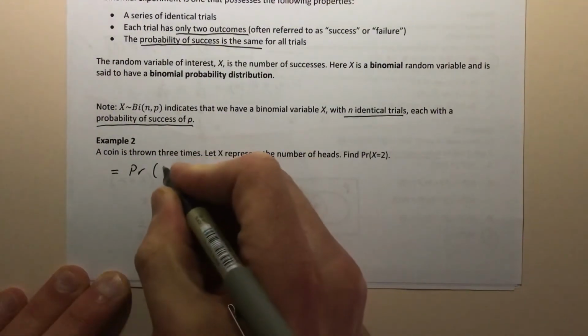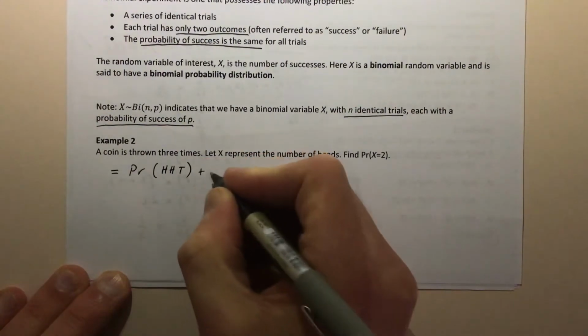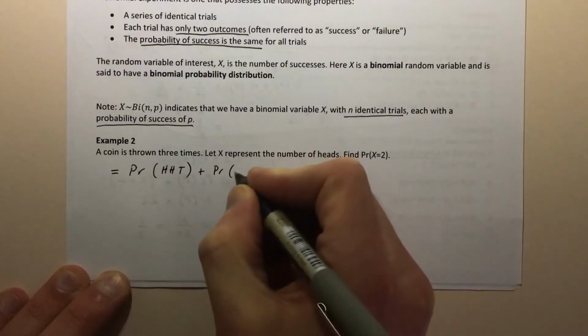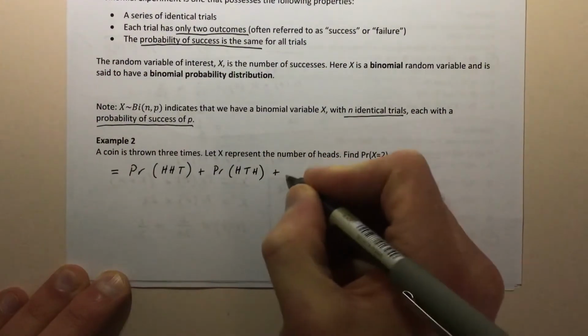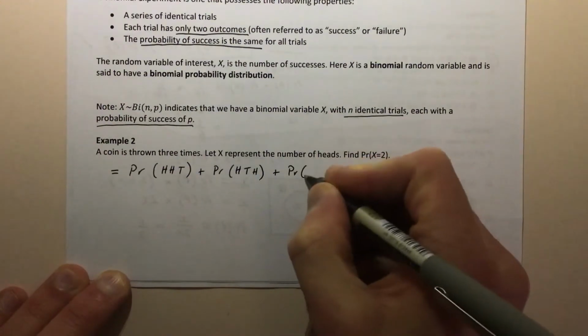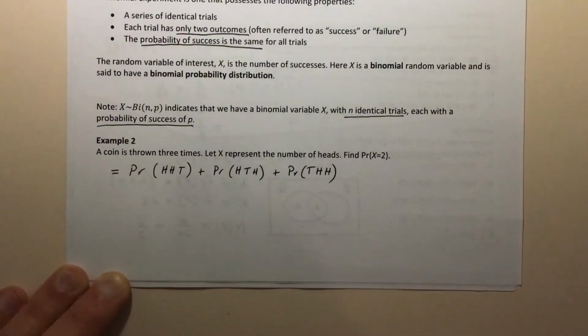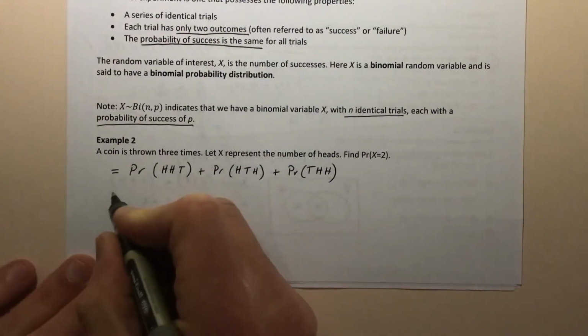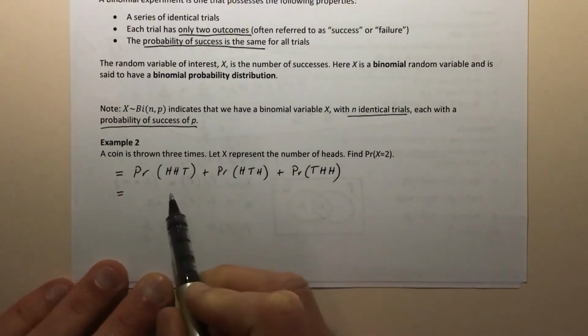You can get heads, heads, tails. You can get heads, tails, heads. Or you can get tails, heads, heads. Okay? And each of these has a probability of 1 out of 8 of occurring, right?